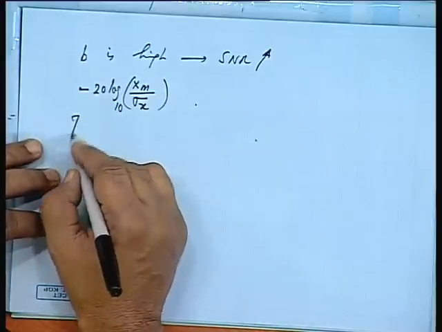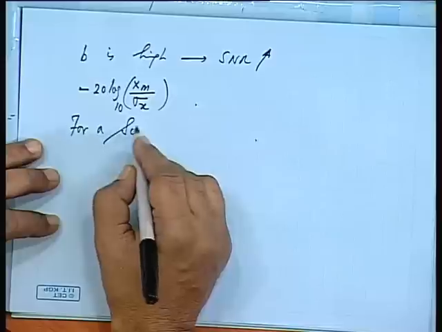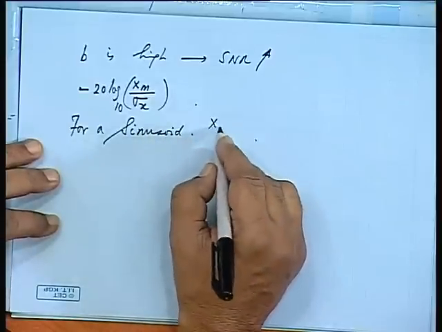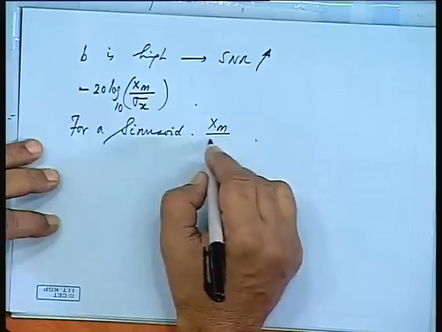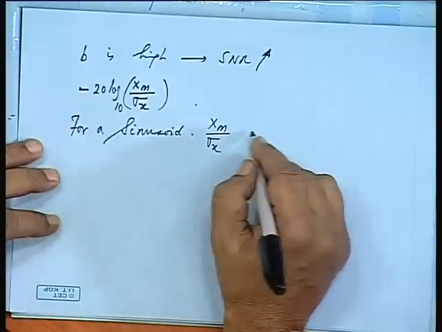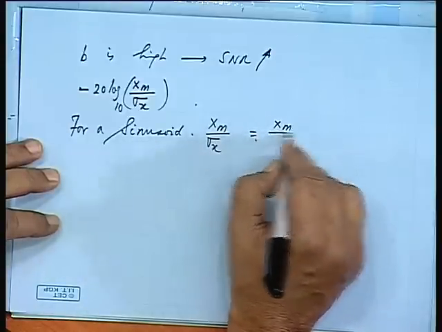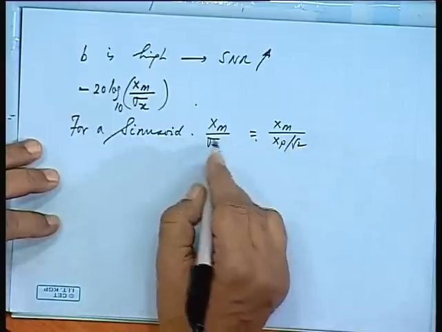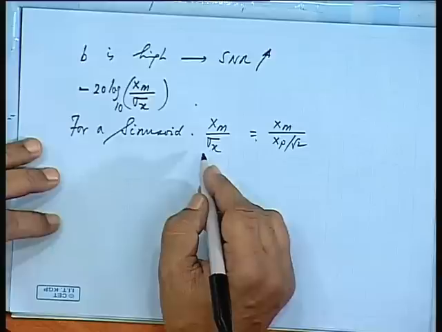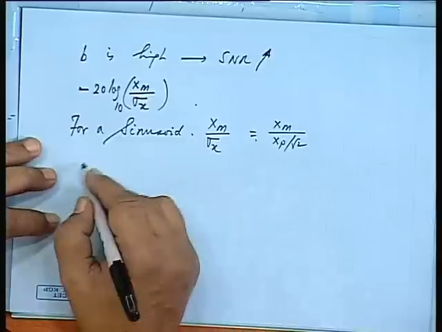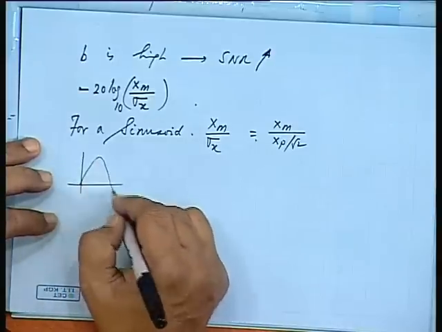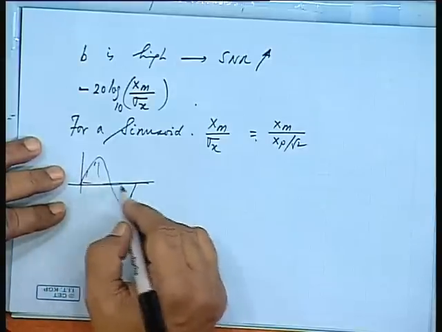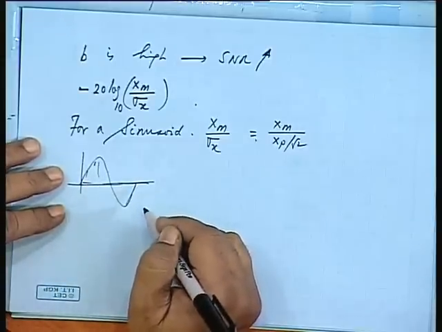For a sinusoid, xm by sigma x, at the most this will be xp by root 2, is it not? The variance for a sinusoid, it is a zero mean process, so its RMS value is basically giving you variance.